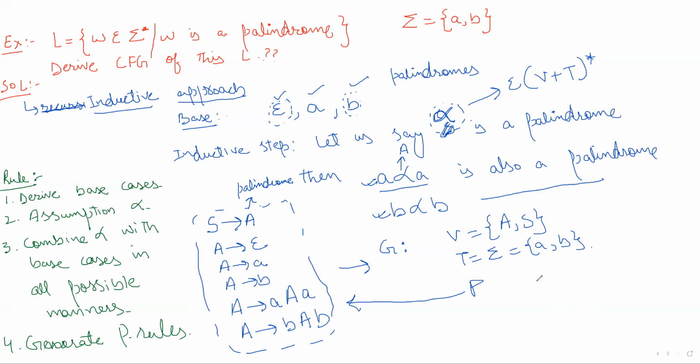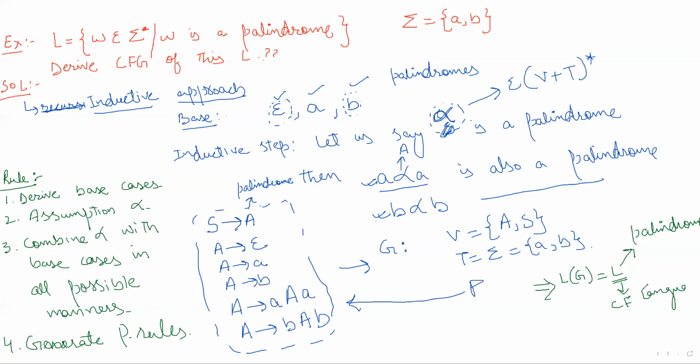And here we have one important point. So you can see that we have generated this grammar. We have created this grammar. And what is the language generated by this grammar? The language generated by this grammar is L. So what is L here? L is a language that contains palindrome strings. And we know the language for which there exists a context-free grammar, that language is called a context-free language.